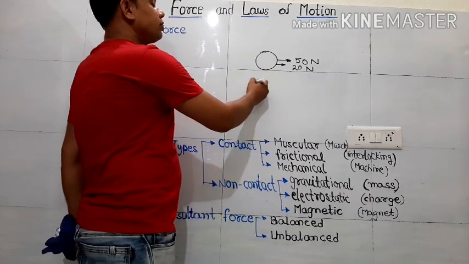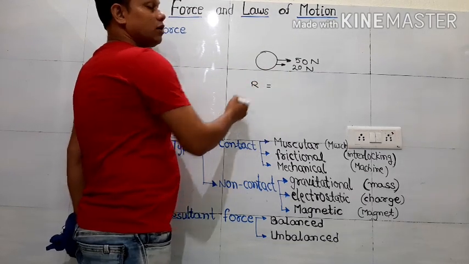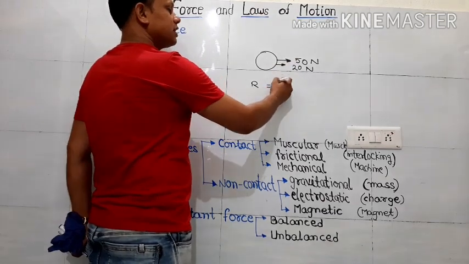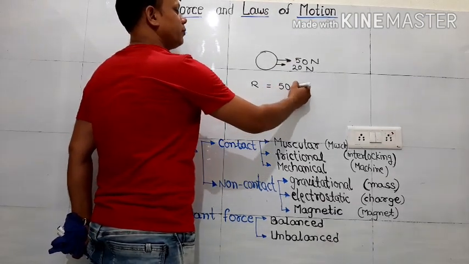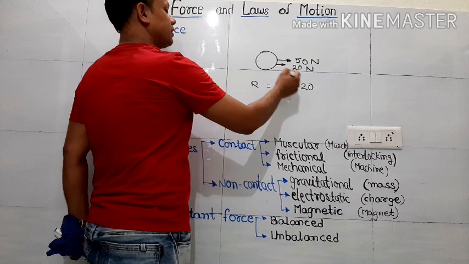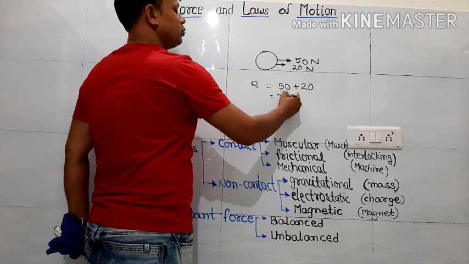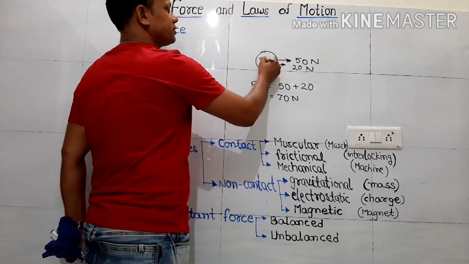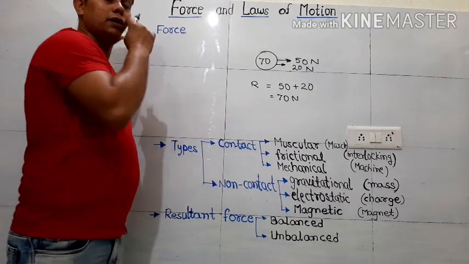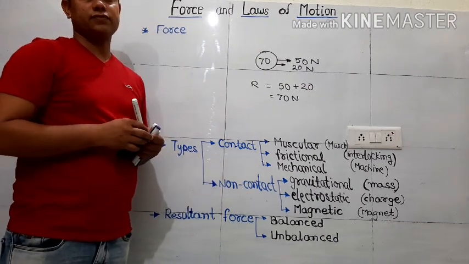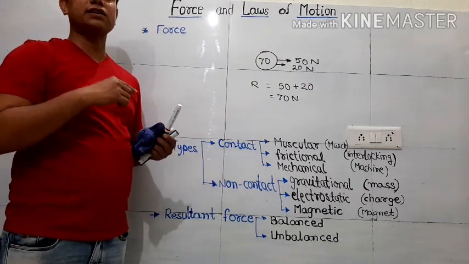So if I talk about the resultant force on the object, since they are in the same direction, I will add 50 plus 20, and that means finally 70 Newton force is experienced by this object, because the 50 and 20 Newtons are acting in the same direction.